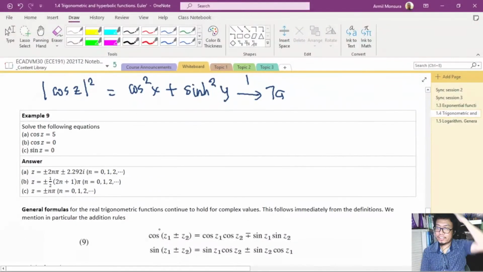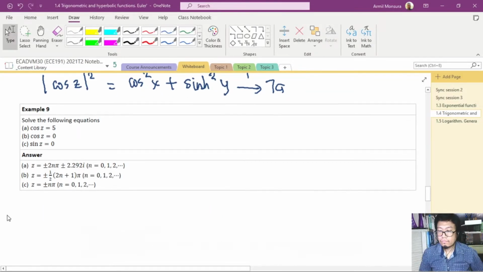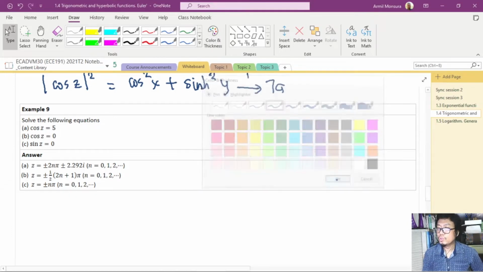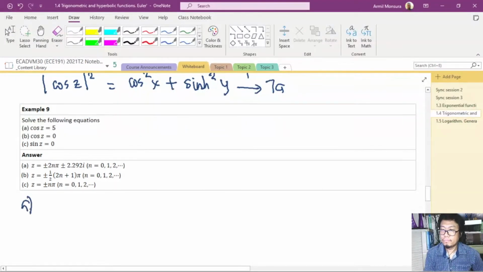Let us try to solve these equations. Let us work on letter A first, which asks us to solve cosine of z equals 5.